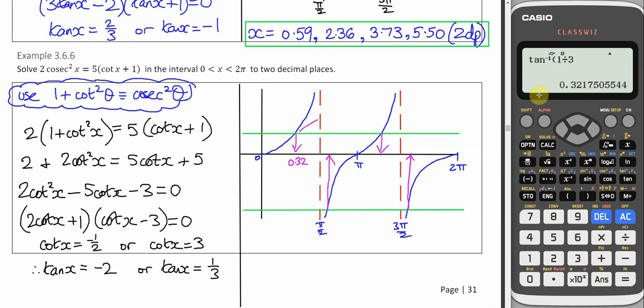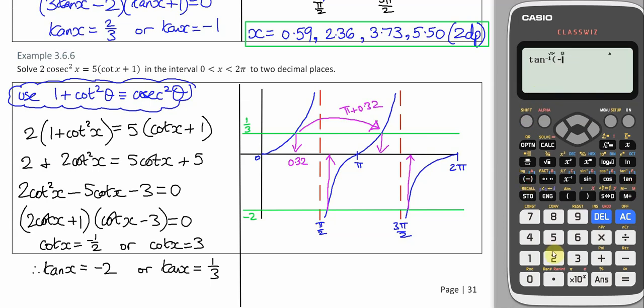It's easy to get the next one after that. Well, the next one that equals a third. Those 2 horizontal lines I drew up there, y equals a third, down here y equals -2. So this one up here is going to be pi plus 0.32, and the 2 underneath that come from tan x equaling -2.